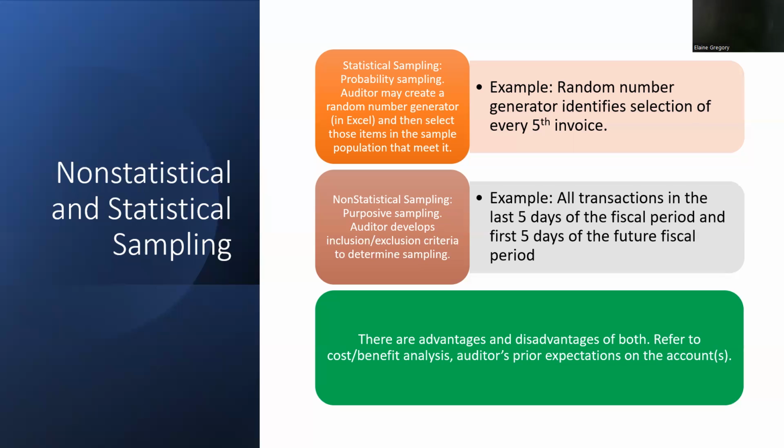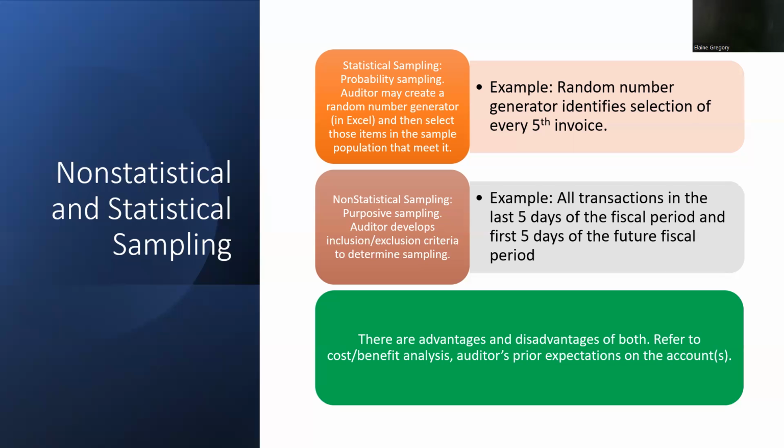Now, there are advantages and disadvantages to both. The disadvantage to random sampling is that if you don't know how to do a random number generator, you can go out and buy software, but there's a cost to that. So take a look at the cost-benefit analysis of each one, and the auditor's prior expectations on the accounts.